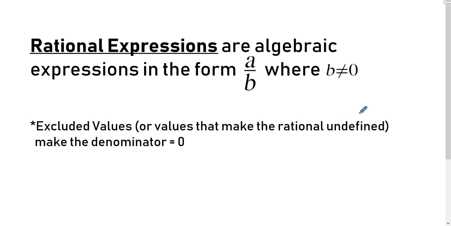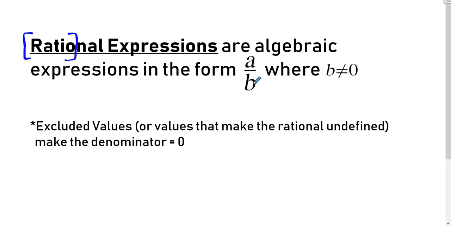Okay? Hopefully, you guys all remember that it's very simple to remember why it's called a rational expression, because if we look at just the first four letters, what do we have here? Ratio, okay? A over B is a fraction, but that's also a ratio.